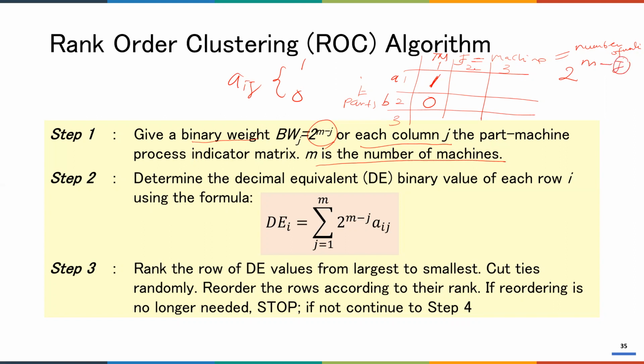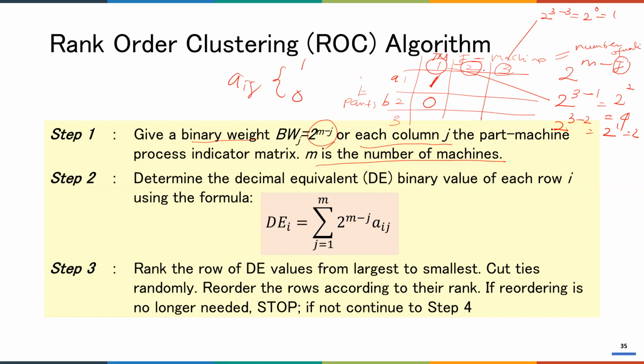J is the index of the machine. So for this column, the binary weight will be 2 power 3 minus the index, which is 1. So 2 power 2, which is 4. And then we do it for all columns. So this is going to be 2 power 3 minus 2, which is 2. And then this is going to be 2 power 3 minus 3, equal to 1.